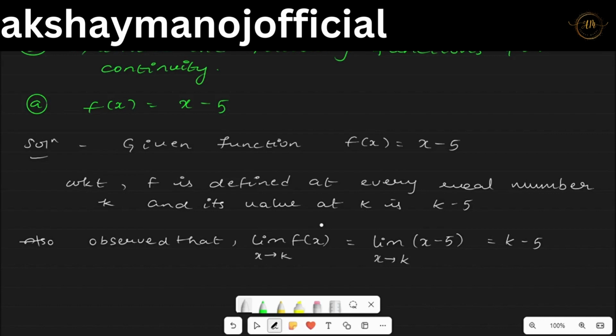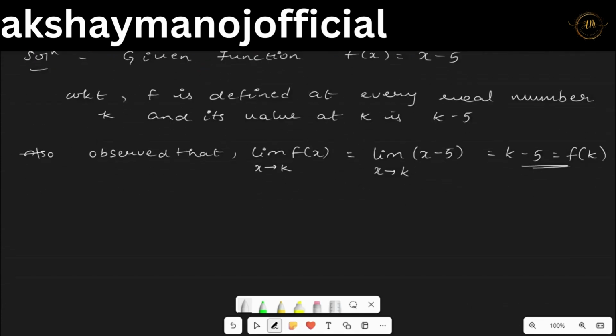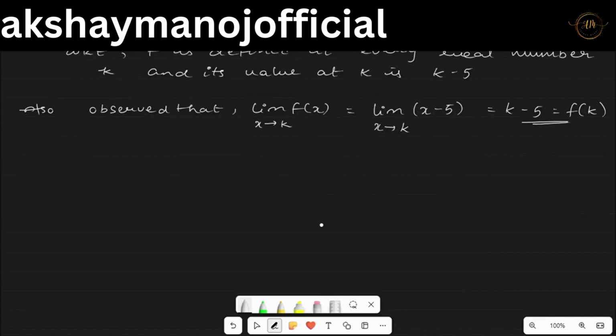Is this equal to f of k? Yes, this is equal to f of k. And then, as limit as x tends to k of f of x equals f of k.